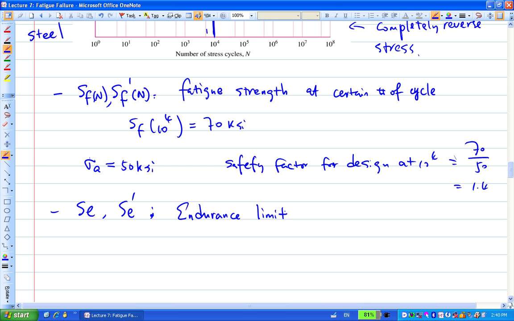Okay, endurance limit. It's nothing different from fatigue strength. It's still fatigue strength, but it's a special one. It's a special fatigue strength at 10 to the power 6 number of cycles.